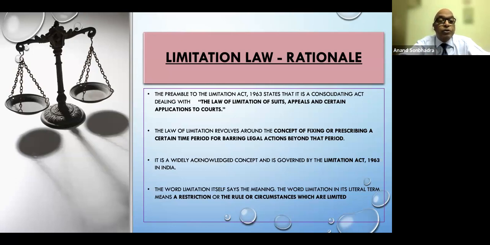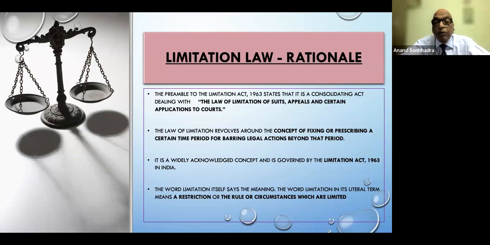And the rationale is to make the litigation effective. We'll read that somewhere else. To make the litigations expeditious, non-dilatory, and effective. That's what the preamble and the rationale of the Limitation Act that has been enacted by the legislature here.